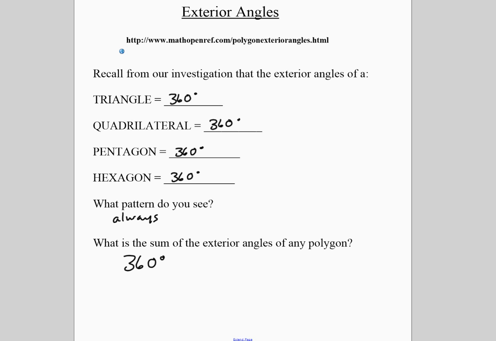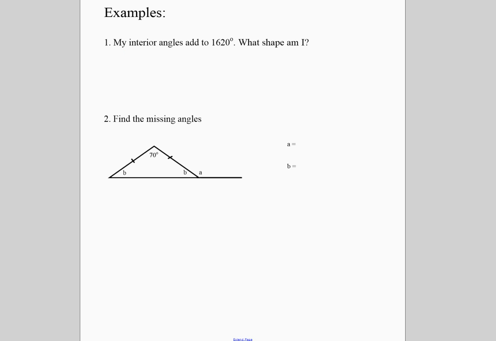So why is all of this important? Well, you can use this to find missing sides. The first type of question you can get is a problem-solving type question, where you know what the interior angles add up to and you have to come up with the shape. So basically you're going to be working backwards from the formula. So if n minus 2 times 180 has to equal 1620, how do you work backwards from the formula?